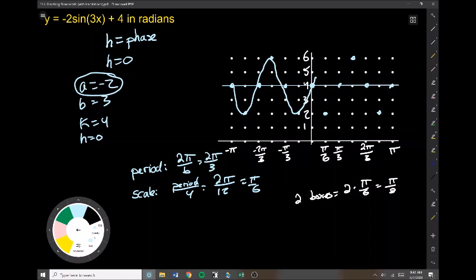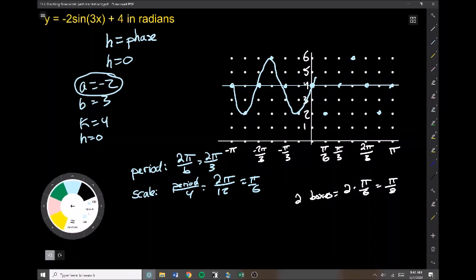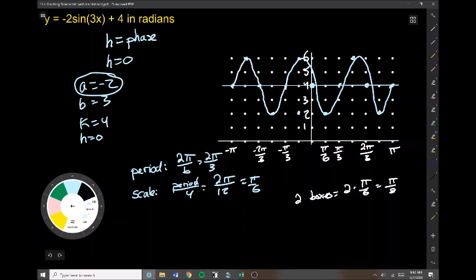Oops, did the left side wrong. To do the other side, it's going to go from middle to high, because the graph's doing this. Low, middle, high, middle. There's the function.